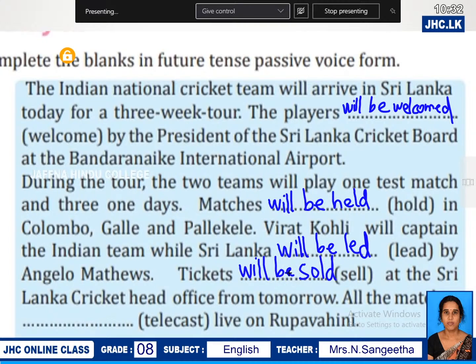Sold, right. Will be sold at the Sri Lanka Cricket Head Office from tomorrow. All the matches will be telecast. It is the same verb. Live on Rupavahini.